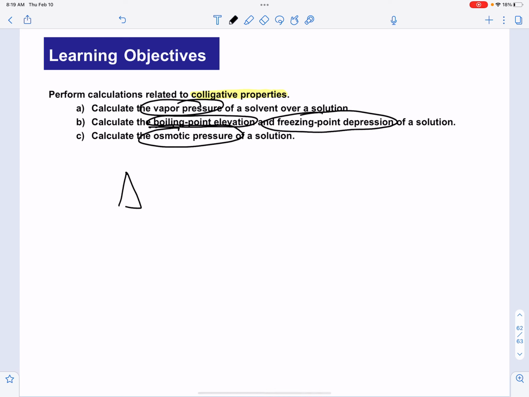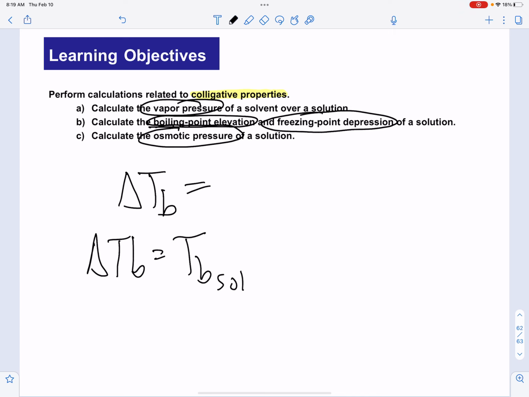If I say delta T B, you should know that that's boiling point elevation, which means the solution boiling point is higher than the pure solvent. You should know that delta TB equals the temperature of boiling of the solution minus the temperature of boiling of the pure solvent.